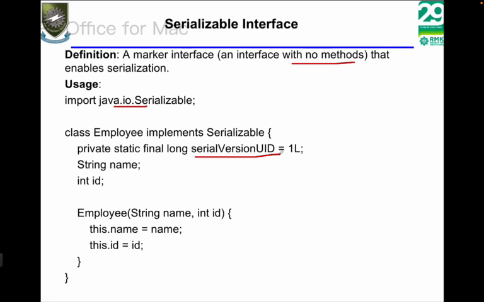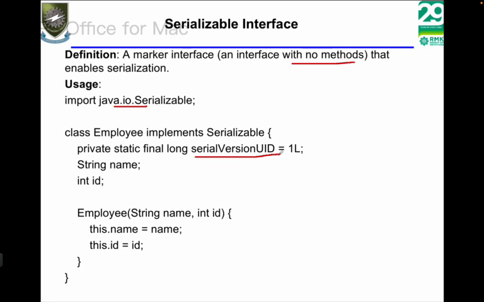Java compares the UID, that is the user identity of the serialized object, with the user identity of the class which is present in the current Java virtual machine. If they match, that is, the current class matches the serialized object, then it will work with deserialization. Otherwise it throws an exception.